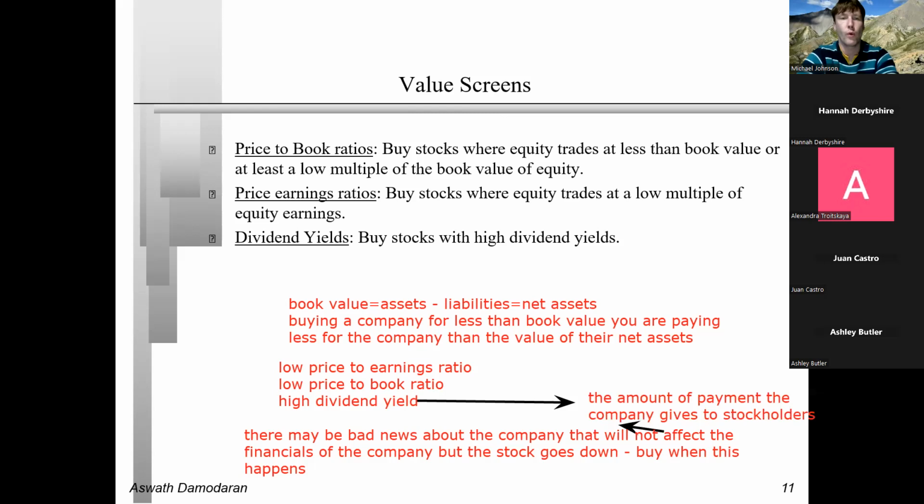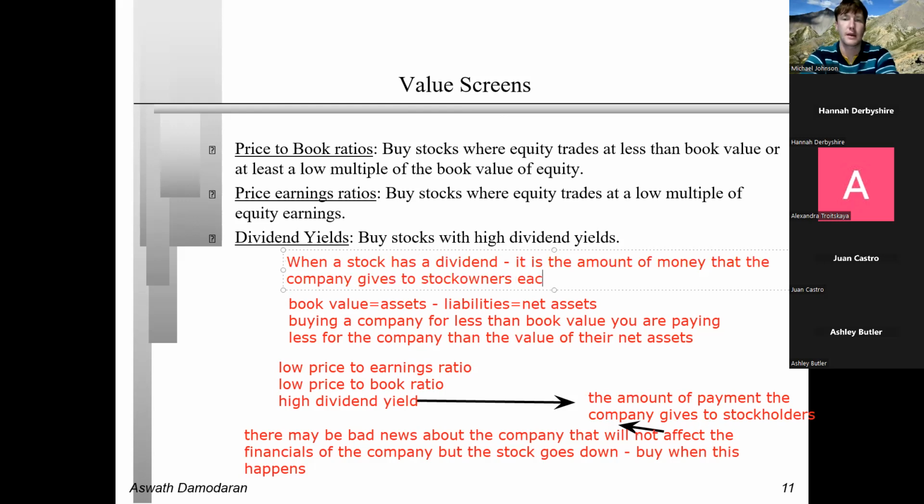So dividend yield means the amount of payment the company gives to shareholders, to stockholders. So when a stock has a dividend, it is the amount of money that the company gives to stock owners each 3 months just for being a stock owner.